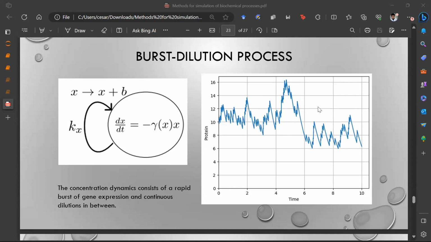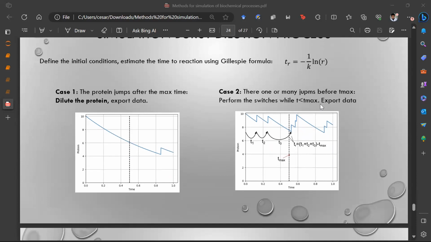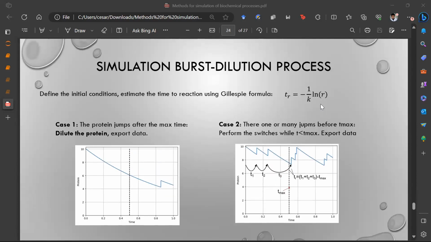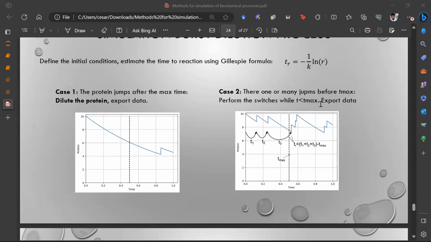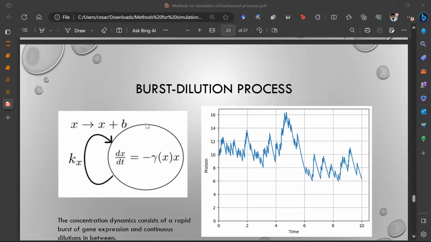Okay, so how can we simulate this process? So this is kind of a particular case. Unlike the previous process, here you see there are some continuous dynamics of the protein. So now we are working with the concentration.